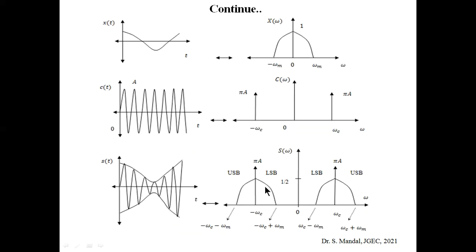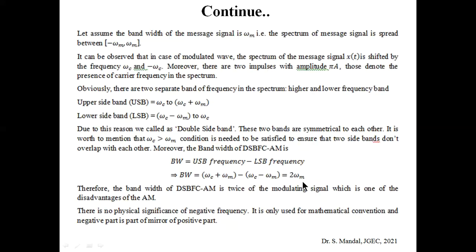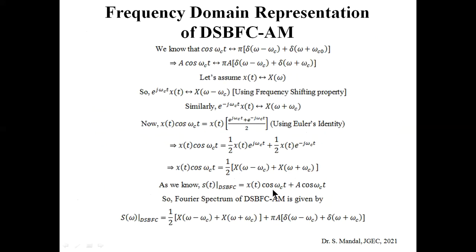So obviously the amplitude of this spectrum will be half, where the peak amplitude of X(ω) is assumed to be 1. Now, apart from this spectrum, there is another term: the carrier part.